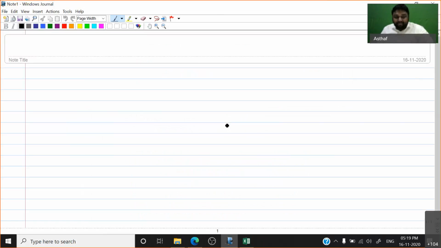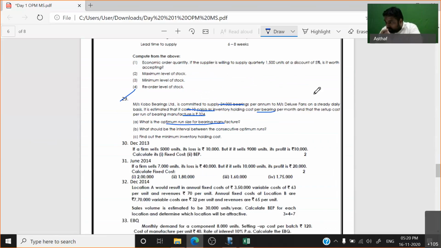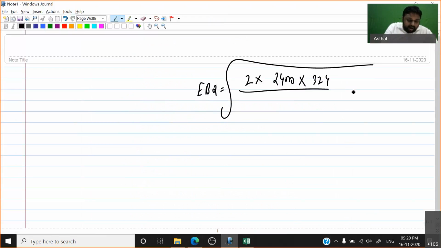Here, this concept is called economic batch quantity: root of 2 into the annual requirement, 24,000, into the setup cost per batch, which is 324, divided by the carrying cost per unit per annum. They gave it per month, but we want per annum, so we have to multiply by 12.